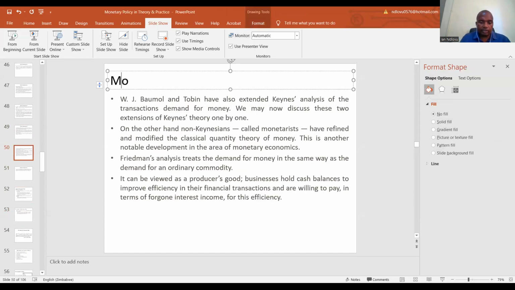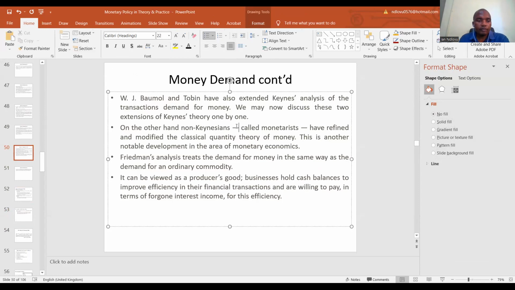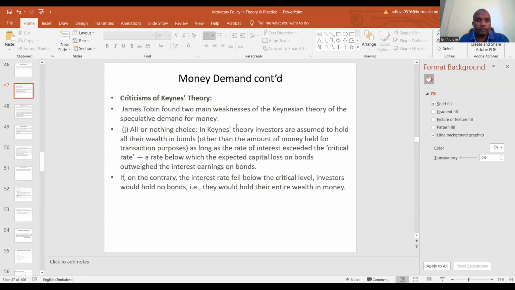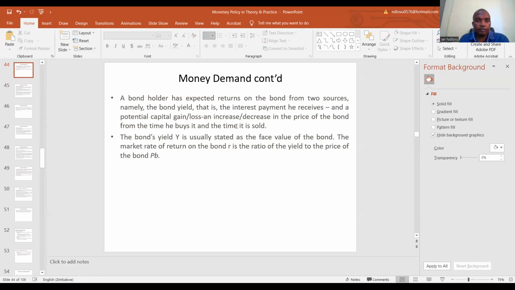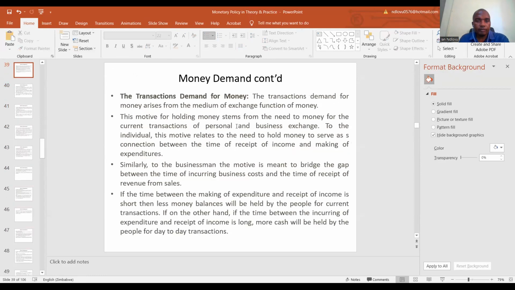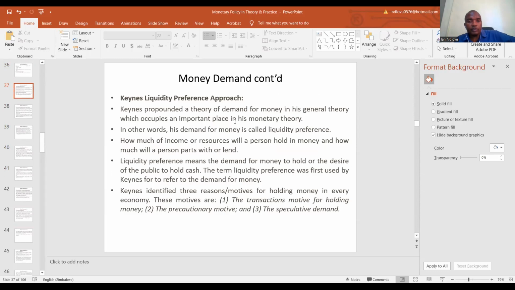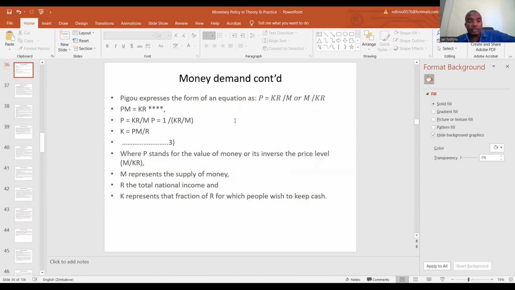Money demand, continued. When we were looking at the Cambridge school, I had to approach things selectively, ladies and gentlemen.